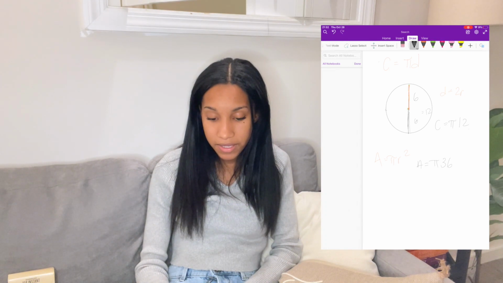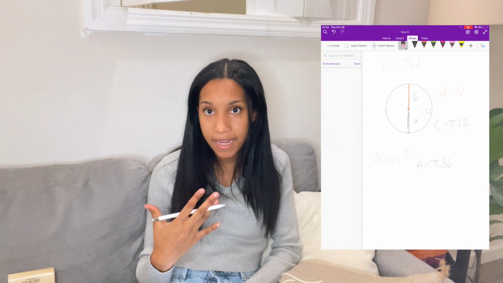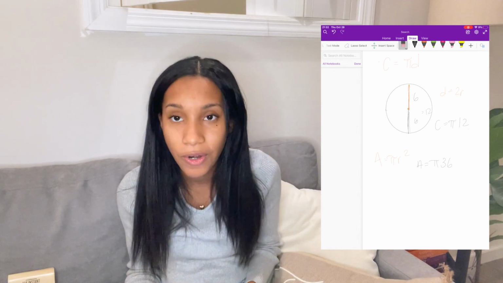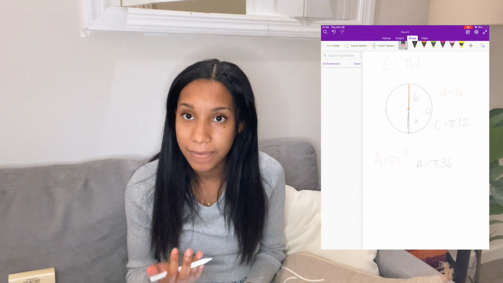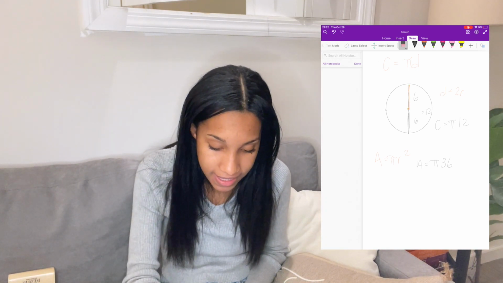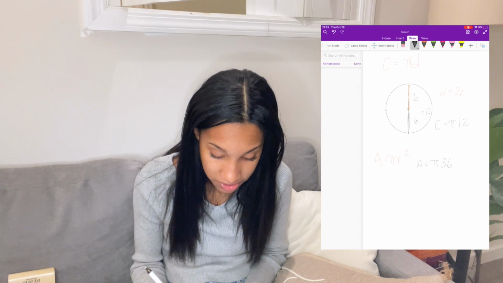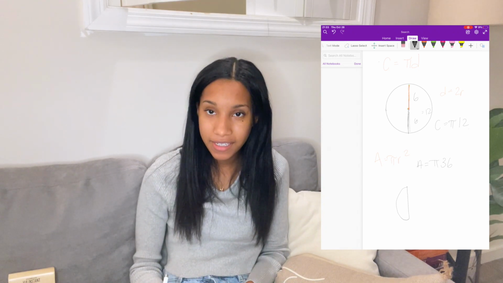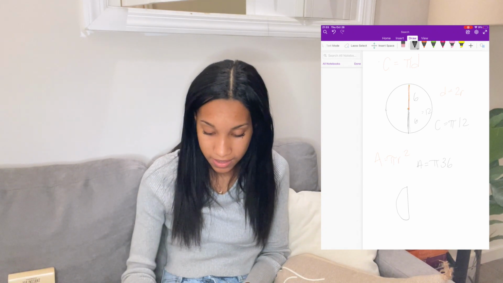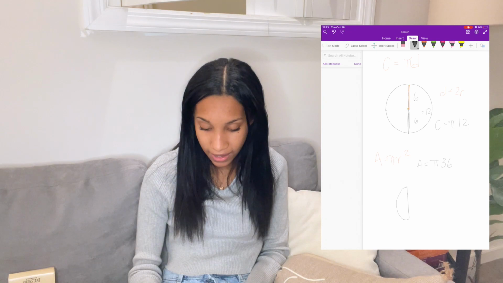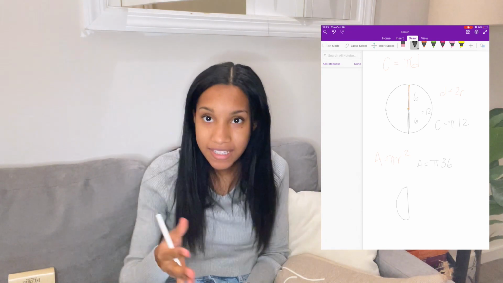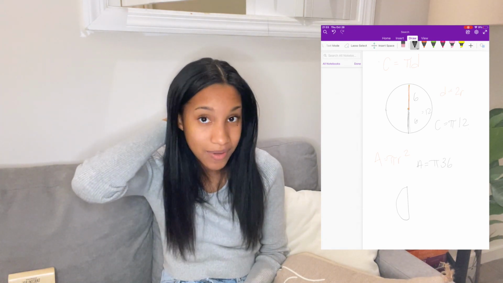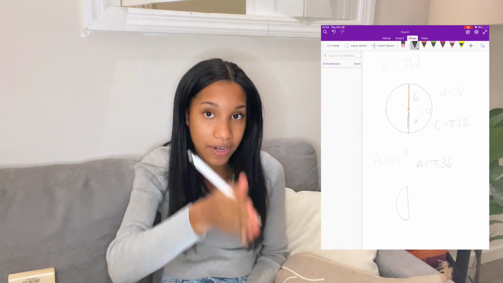So a really cool way to also think about this is in terms of perimeter. If they gave you, for example, a semicircle and told you to find the perimeter, what you would do is find the circumference, right? You would divide it in half, and then you would add on the diameter.